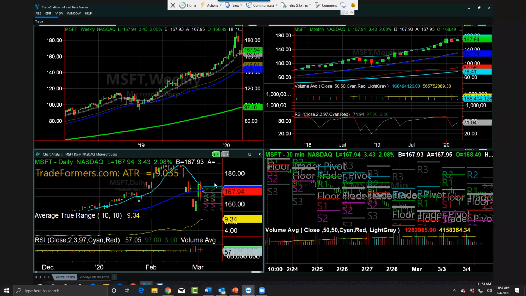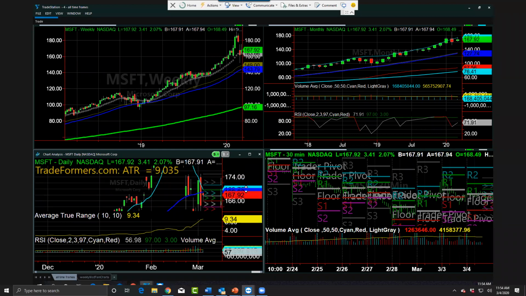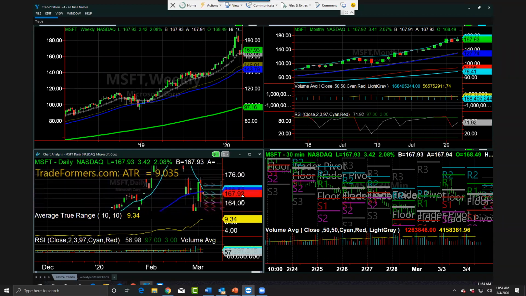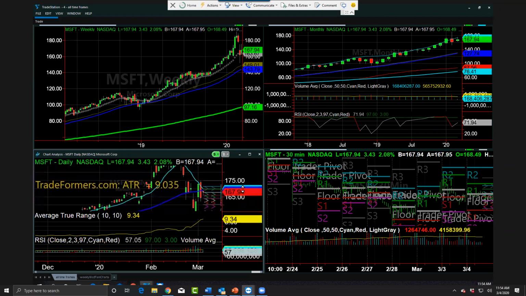It just means that right now if we can get a couple of closes back over 169, and really I would say 170, I might buy a starter position, risk to about 164, so I wouldn't even give it a full ATR. And then if it cleared 175, I might add to that trade.